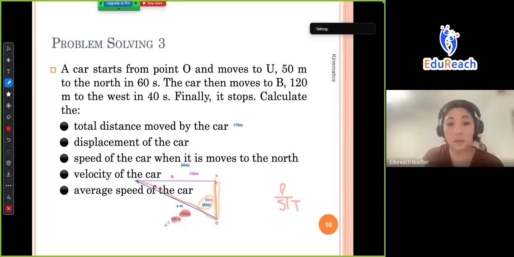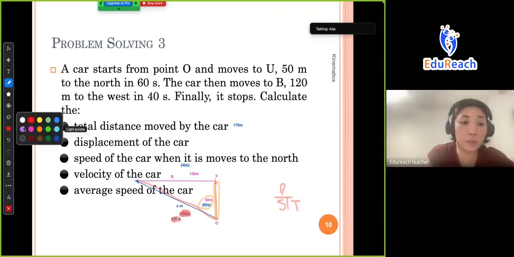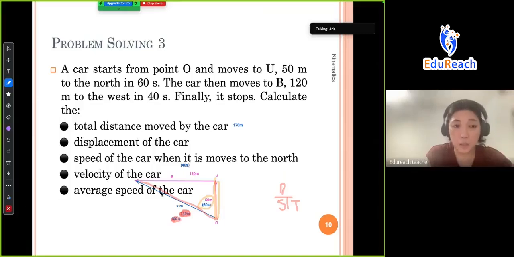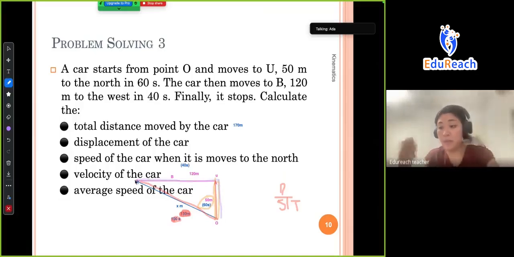Okay. Then the last one, average speed of the car. Average speed is what again? It is the total distance divided by the total time taken. The total distance is not the same as the displacement. It is quite literally 50 meters plus 120 meters. That is the total distance.